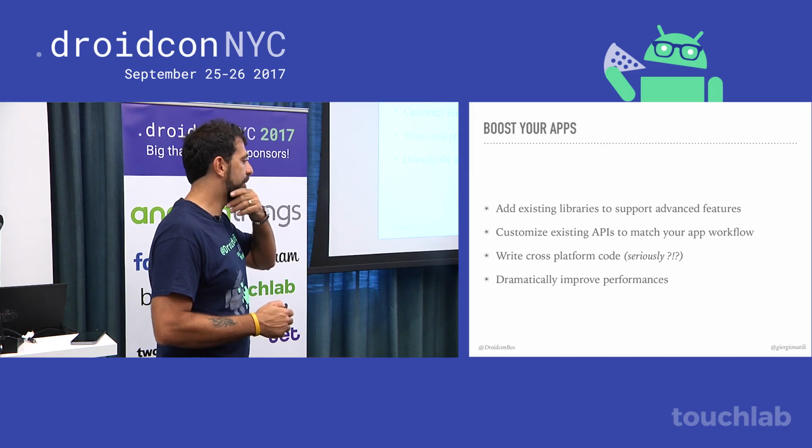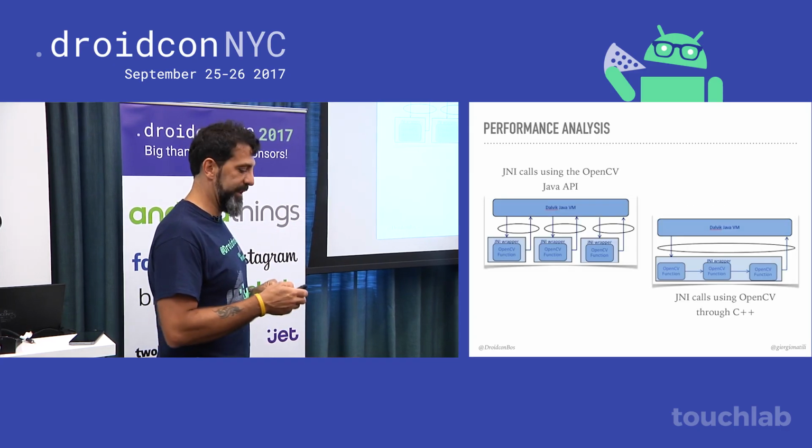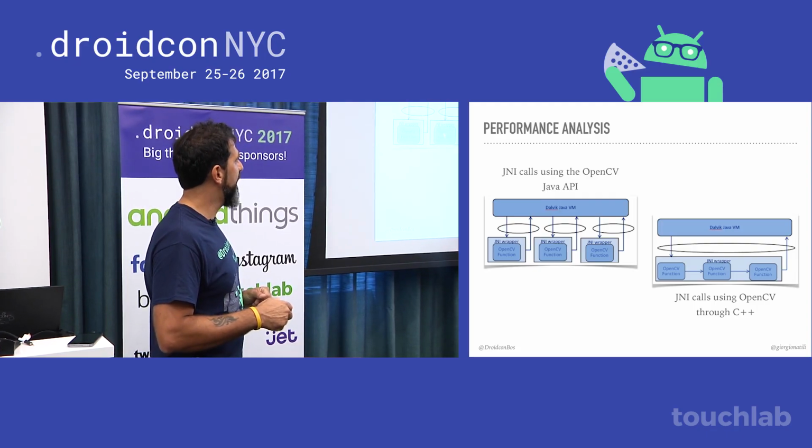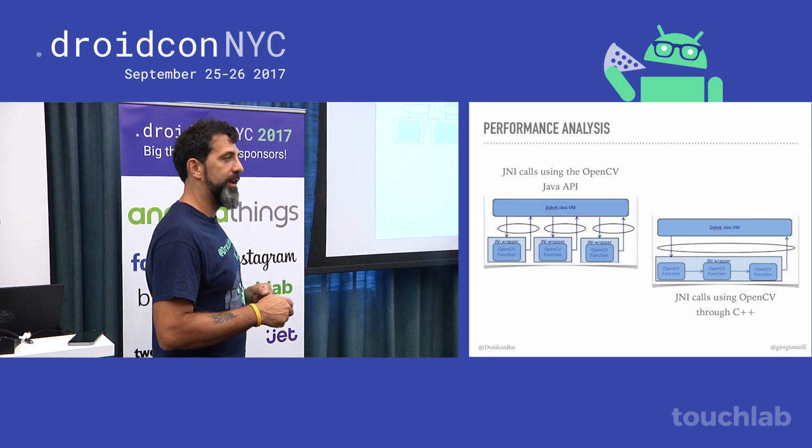the performance. Because every time that you talk with the OpenCV SDK, whatever function you're using, you are using the JNI wrapper. So for every single call, you use the JNI wrapper.